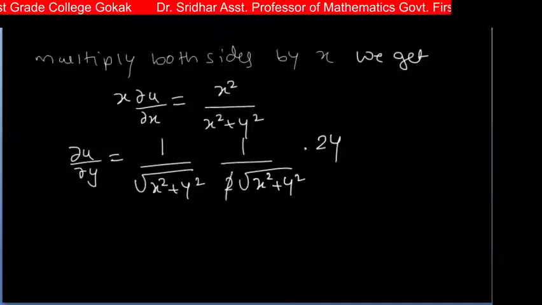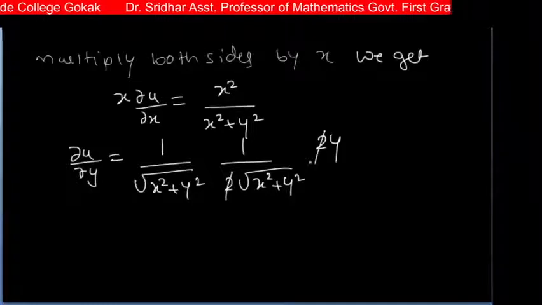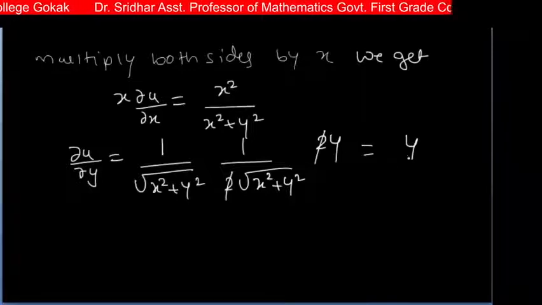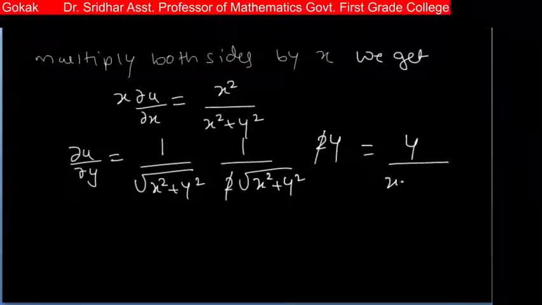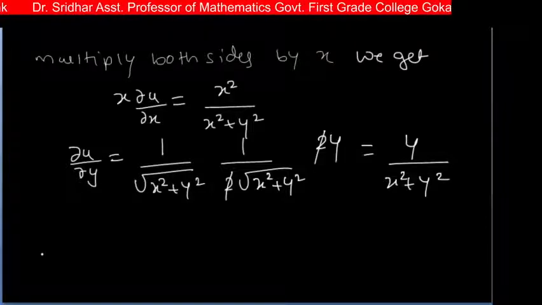So here 2 and this 2 get cancelled, which gives y divided by x square plus y square.